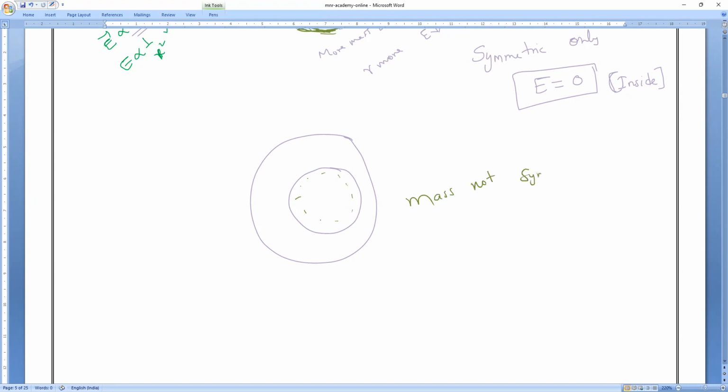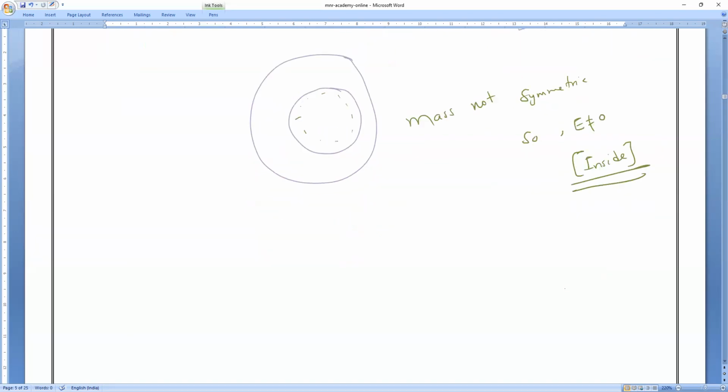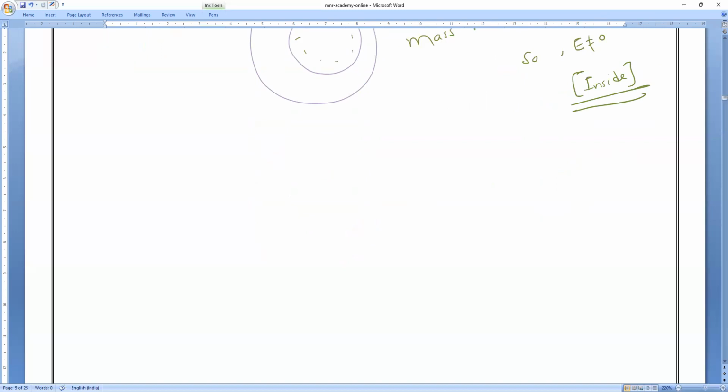Mass is not symmetrical, so in these cases E is not equal to 0. Clear, everybody? So inside, only for symmetrical objects like the hollow sphere, the E value is 0. If it is non-symmetrical, mass is not uniform, then it is not 0. So please remember that. Understand? Clear? Please respond.